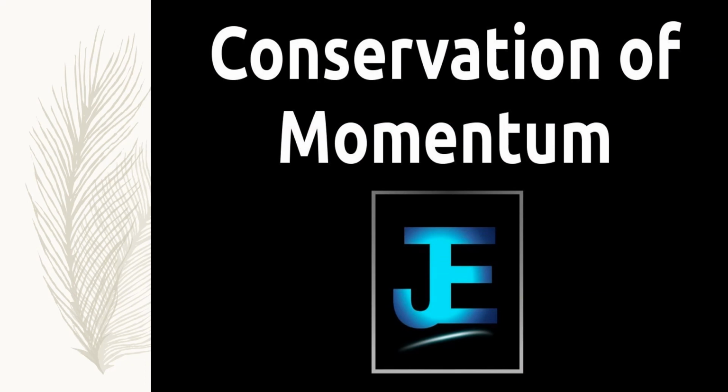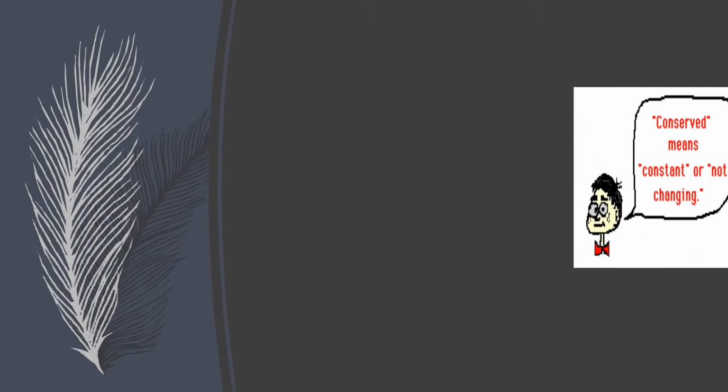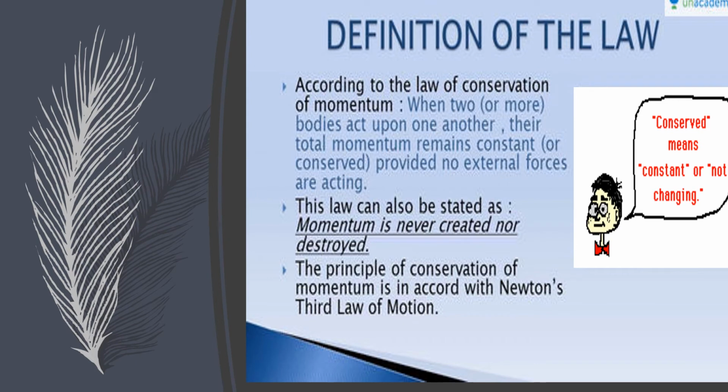Now we are going to learn our next topic, the last topic of our chapter, that is conservation of momentum. In physics, conservation means no change. That is, if we connect conservation with momentum, then it means momentum does not change or remains constant over time.